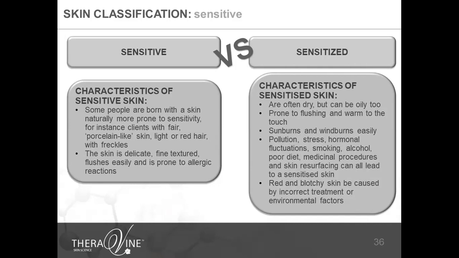So it's really just overdoing skincare or over peeling, or there's a lot of things that can cause a sensitized skin. Even when you go to the beach, I found one year we were at the beach and I got home in the evening, washed my face, and my cream cleanser actually burned.